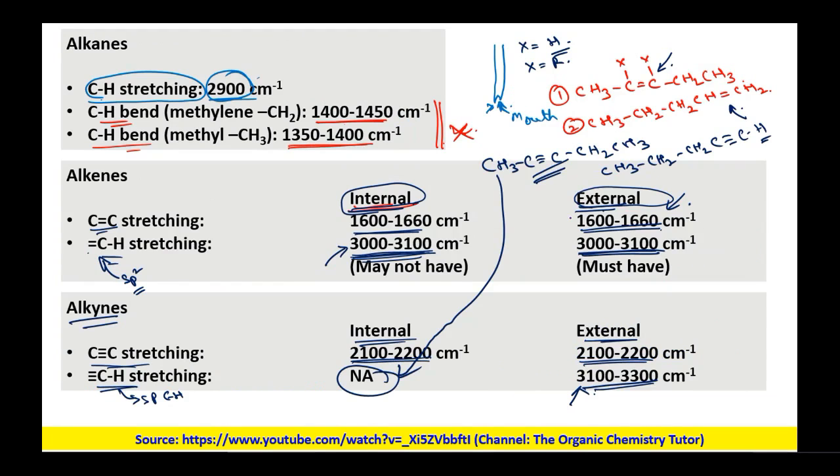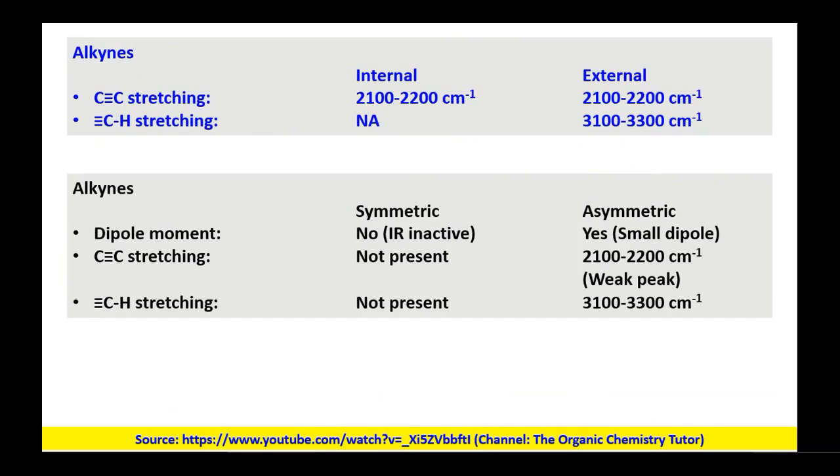Now coming to the alkynes again, we have discussed this alkyne C triple bond C stretching and triple bond CH stretching. Alkynes may be either symmetric or asymmetric. What do you mean by symmetric?